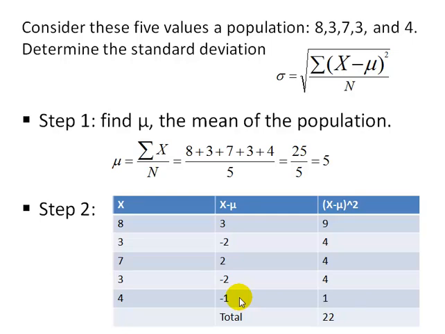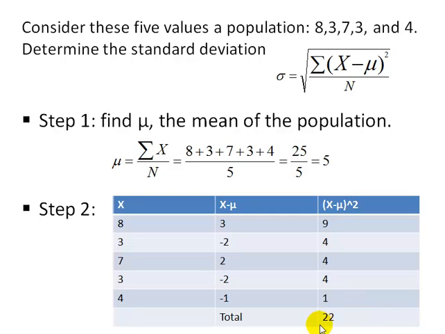Negative 1 times negative 1 is 1. All these numbers are x minus mu squared. Next, we do the sigma, which means sum all the values up: 9, 4, 4, 4, 1.